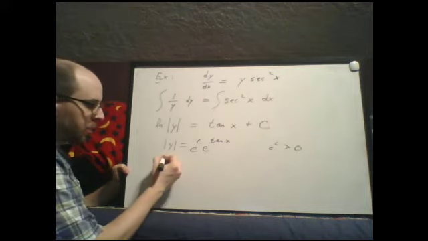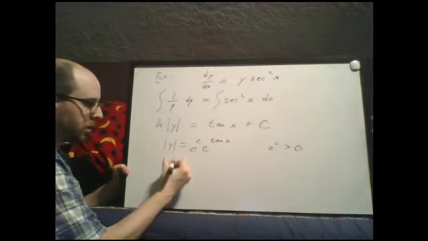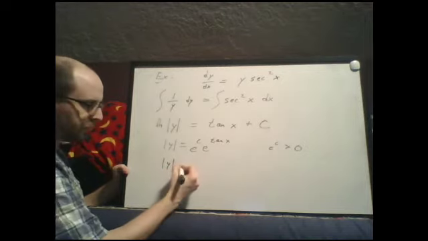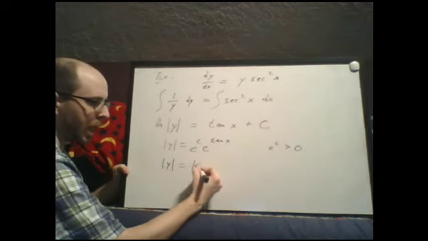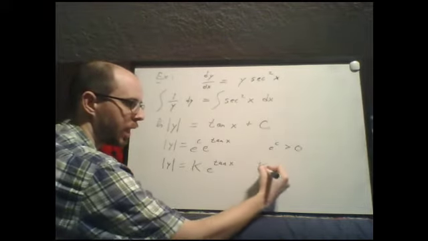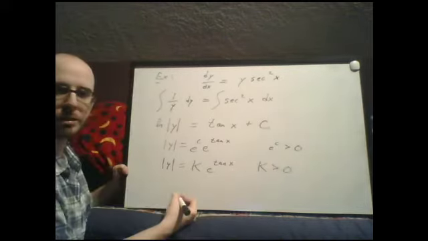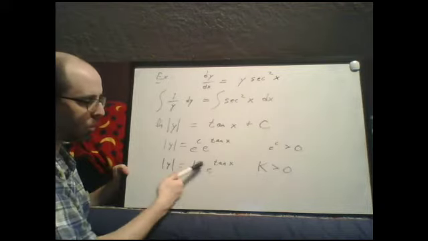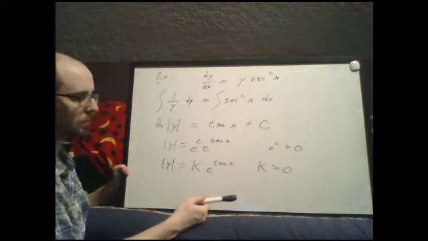So right now I'm looking at the equation absolute value y equals a number k times e to the tan x, where I know k is some positive number because k was e to some power.